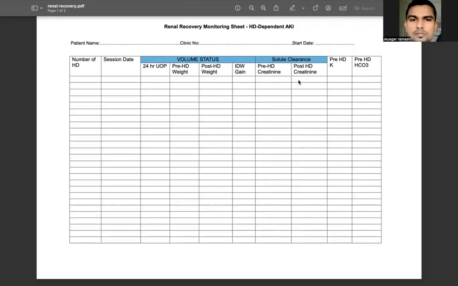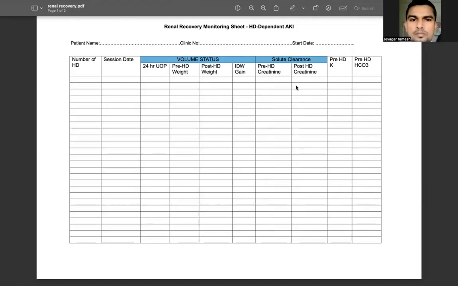But if the creatinine is stuck around the same level, then you don't have to do the dialysis and ask him to come back again in 3 days time with the pre-dialysis creatinine value and check whether it is the same, or whether it has gone up. If it has gone up, that means it has built up. So you'll have to arrange dialysis.